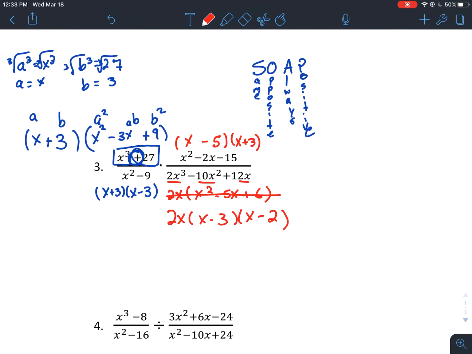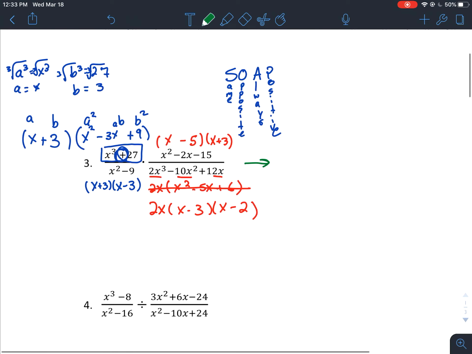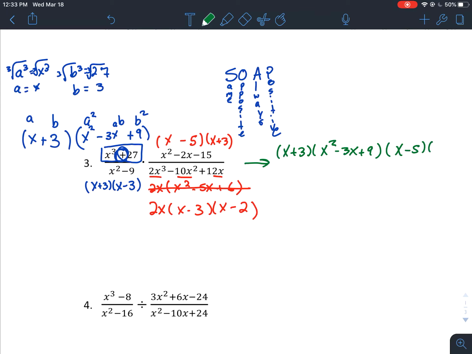So the next most helpful thing, guys, is usually to just rewrite this with everything that we have. Or you can just start crossing stuff out, either way. So on the top, we have x plus 3, x squared minus 3x plus 9, and x minus 5, x plus 3, divided by x plus 3, x minus 3, 2x, x minus 3, x minus 2.